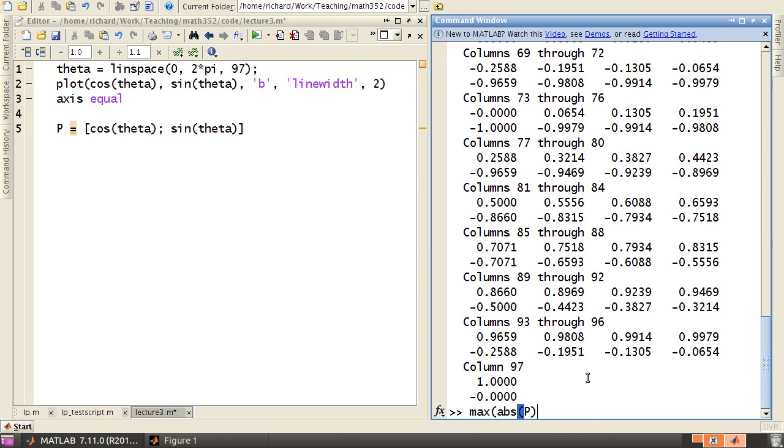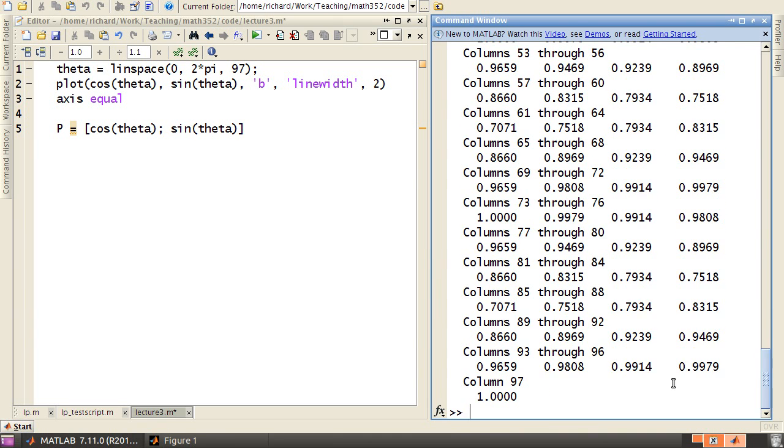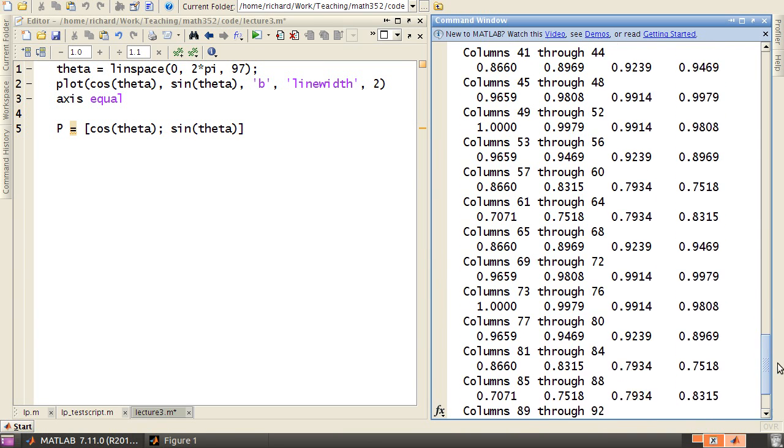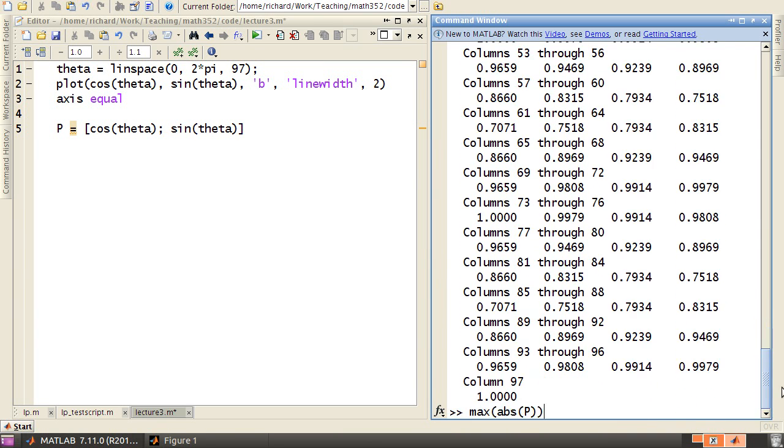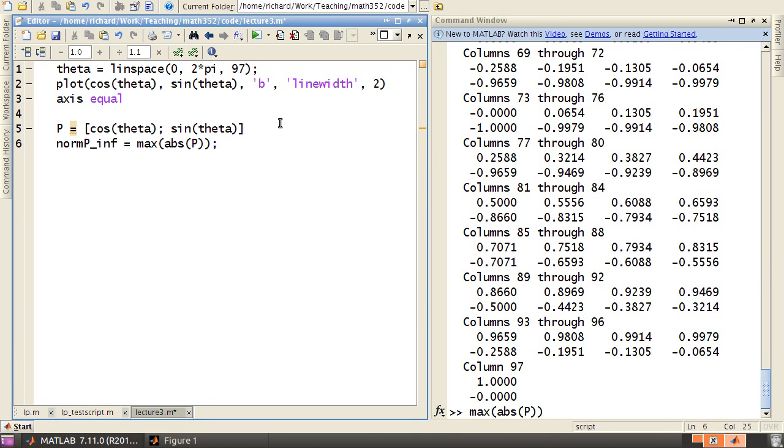Watch this. If I say max, take the maximum of the absolute value of P, then what MATLAB cleverly does is it takes the absolute value of every entry, and then it takes the maximum of each column. So that's going to be my infinity norm. So why don't we call that norm P inf, the max of the absolute value of P.